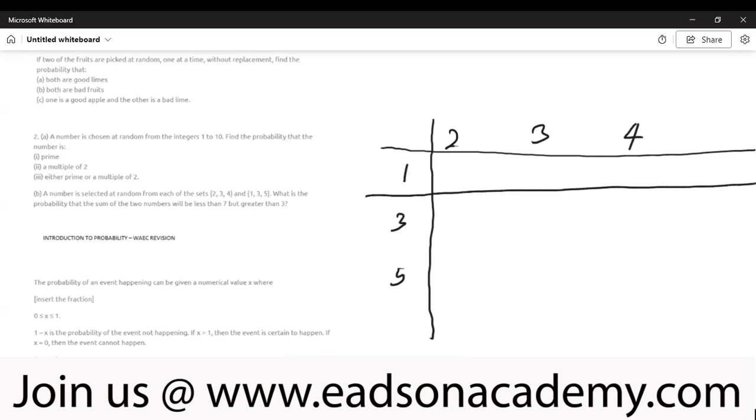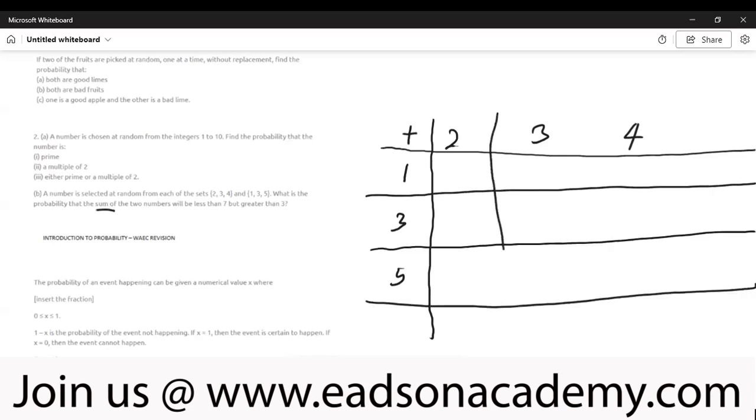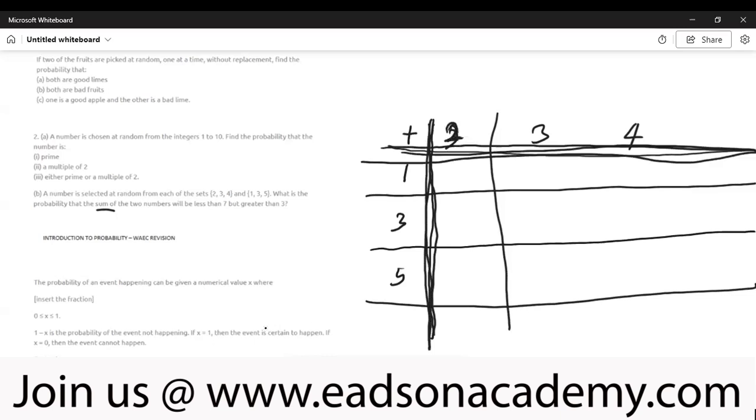And the question borders on what? The sum of the numbers. So I will put a plus here. So we are going to add. I'm using a double line to separate the sample space from the result of our experiment. So if we pick from the sets, it could be that we pick a 1 from this set and a 2 from this set, such that the result of the experiment will be 1 plus 2, which is 3.